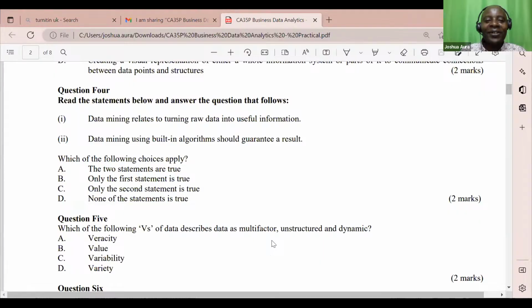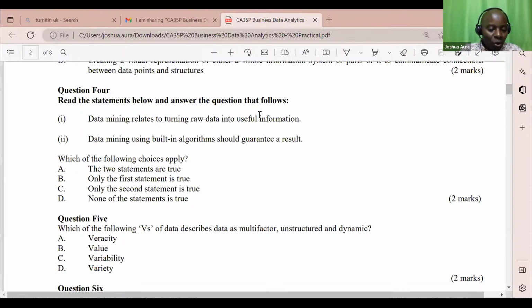Okay. So A, B, C. Now, ladies and gentlemen, the first one must be correct because of the definition. If you remember how we define data mining, it's all about extracting.